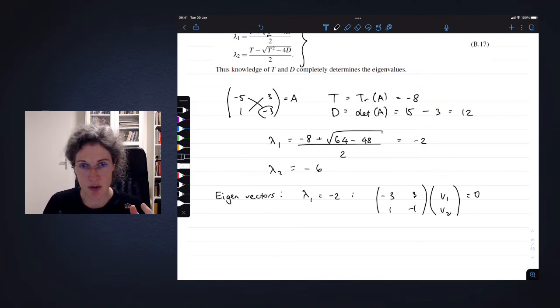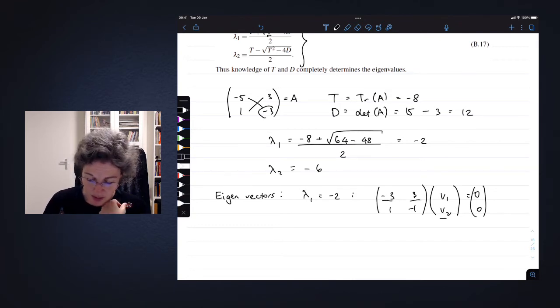You could solve this as two simultaneous equations, but to see what vector you need, we need -3 times V1 plus 3 times V2 equal to 0. Well, the only thing that's really going to work here is something where V1 and V2 are the same. So for example, (1, 1) would be a solution.